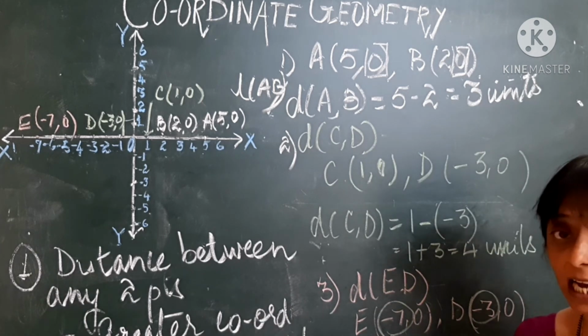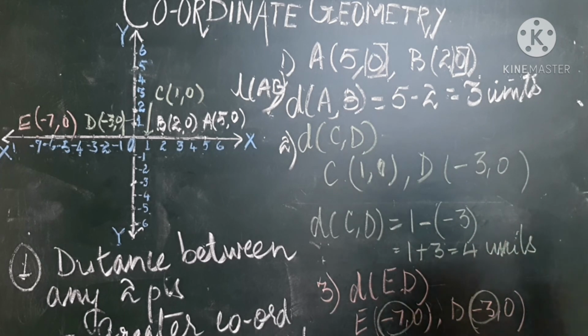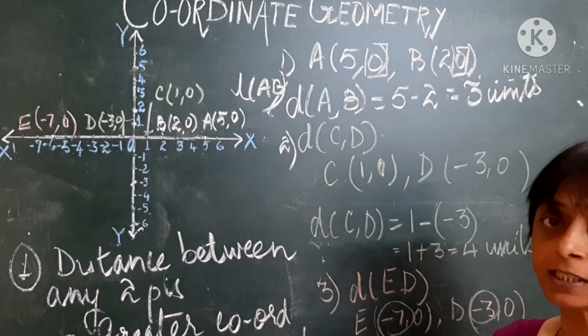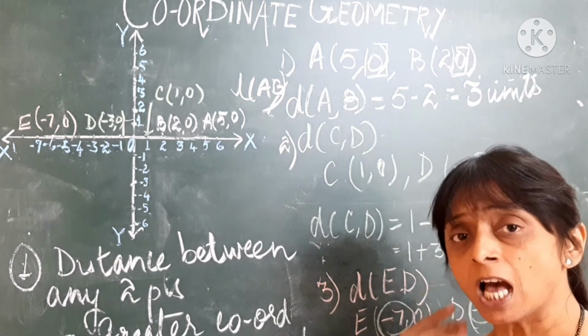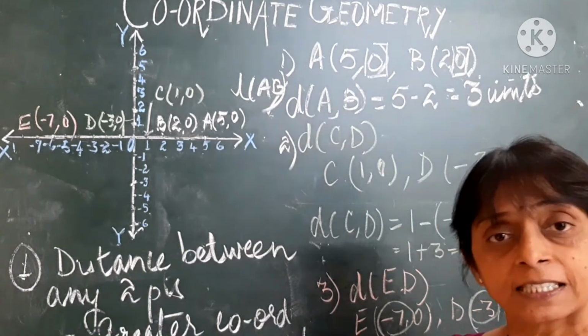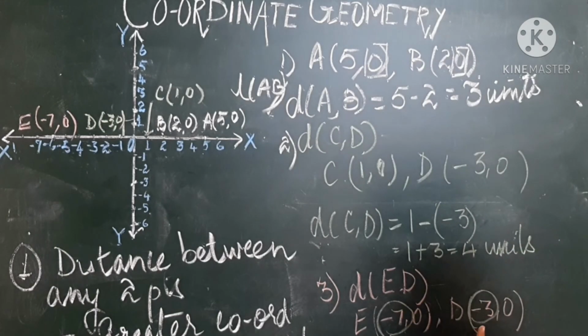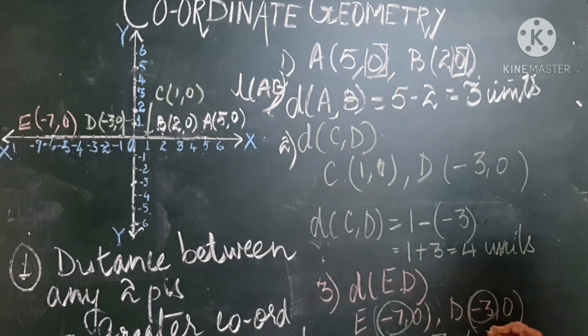As we have seen, unlike the positive values which go successively greater towards your right of your origin, on the negative side, minus 1 is always greater than minus 2. Minus 2 is always greater than minus 3. As you proceed, every preceding value is greater than every successive value when you go towards your left of the origin. So, which is greater? Minus 3 is greater than minus 7. So, greater coordinate minus the smaller coordinate.